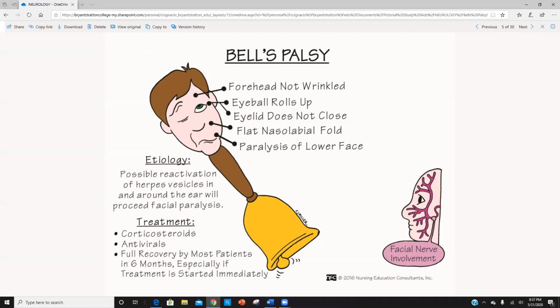So the patient should seek immediate help for this, because they want to make sure that this is not a stroke, because the symptoms are similar to a stroke.